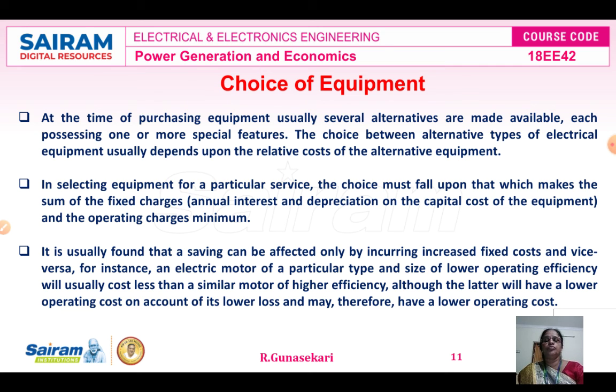Therefore, an electric motor of a particular type and size with lower operating efficiency usually costs less than a similar motor of higher efficiency. Therefore, lower losses mean lower operating costs. This is the choice of equipment.